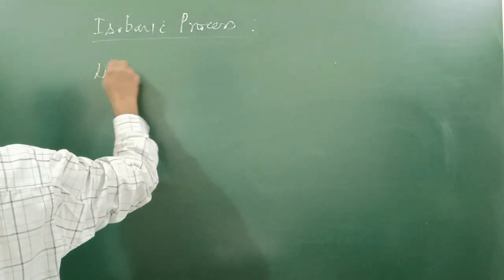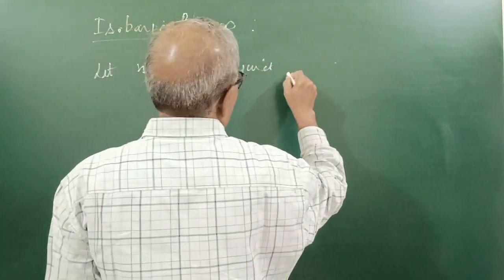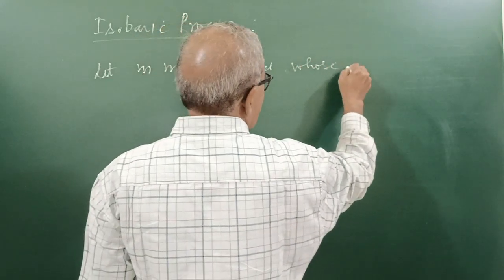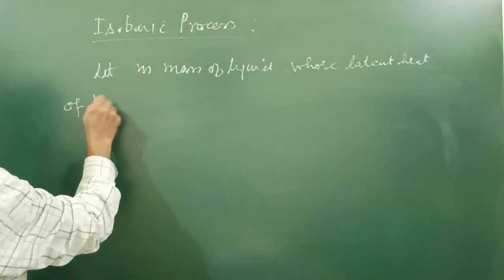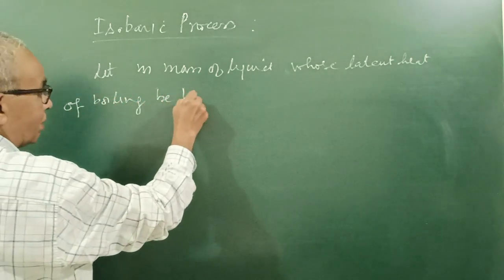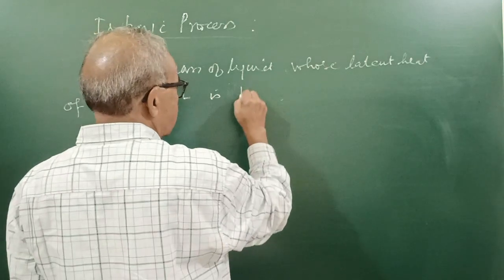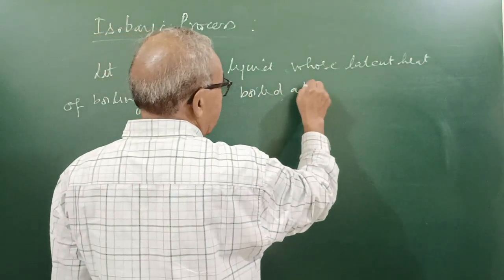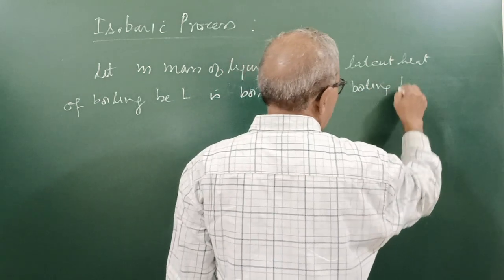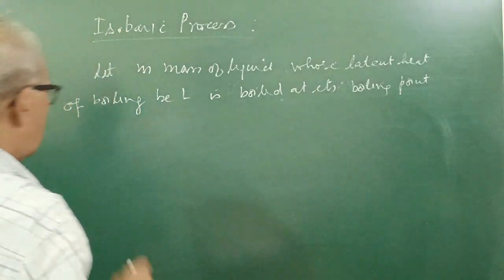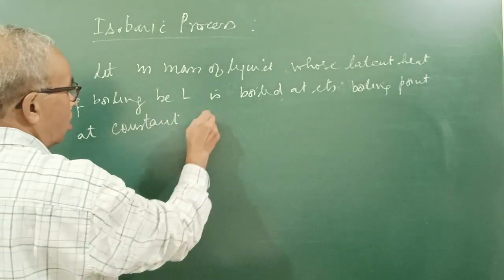So let m mass of liquid whose latent heat of boiling, capital L, is boiled at its boiling point at constant atmospheric pressure.